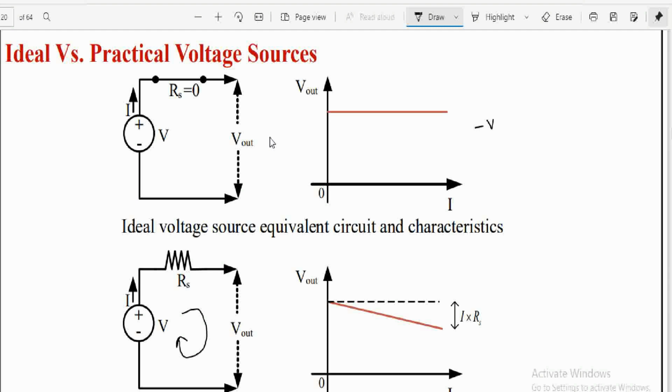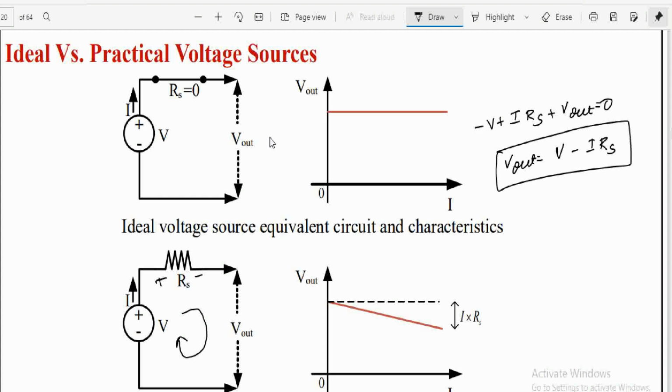Minus V plus I into Rs plus Vout is equal to 0. Then from this, Vout is equal to V minus I into Rs. So this is the equation for Vout for practical voltage sources.